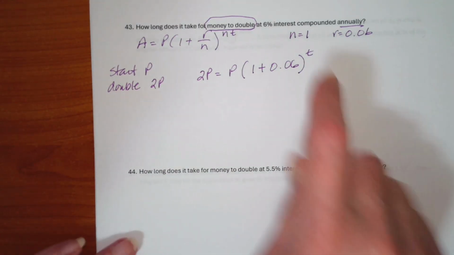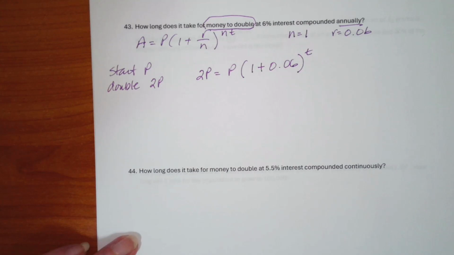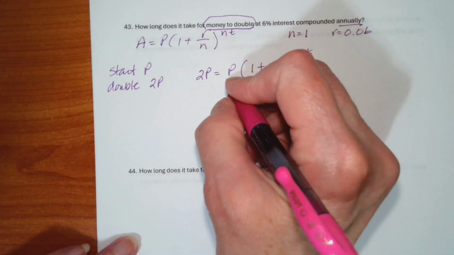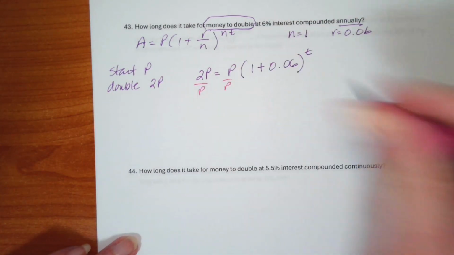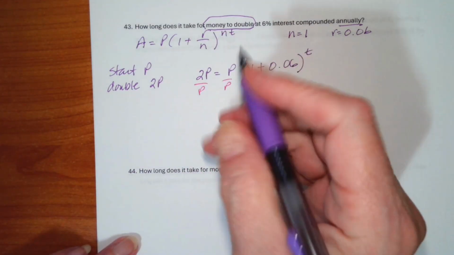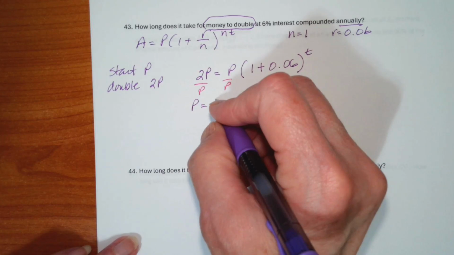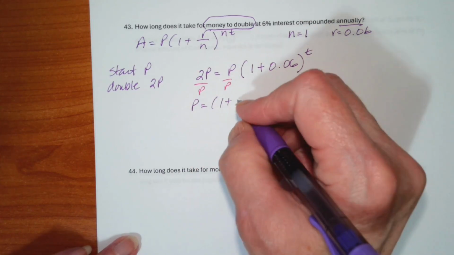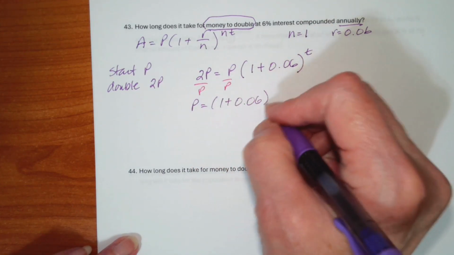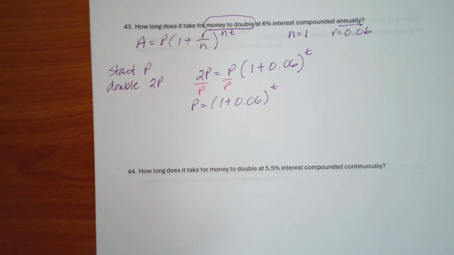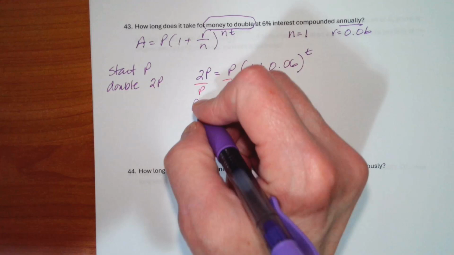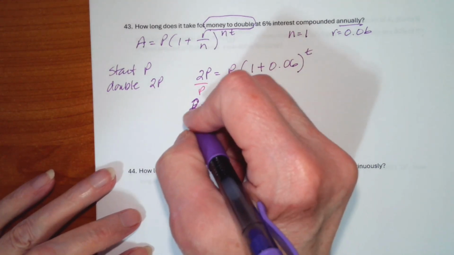Okay, so let's see. I've got to get to the T. So let's see what I can do. Let's get rid of the P first. So that gives me that P is equal to 1 plus 0.06 to the T. And I'm sorry, that's not P, that's 2.